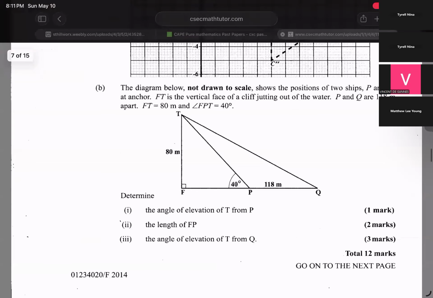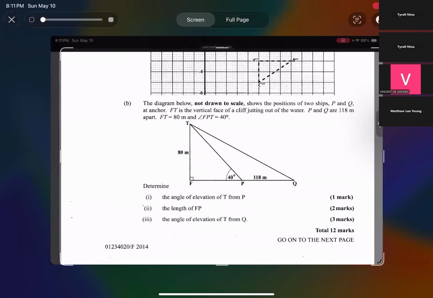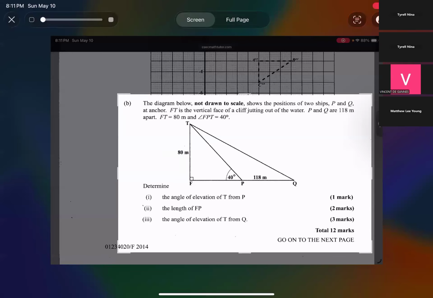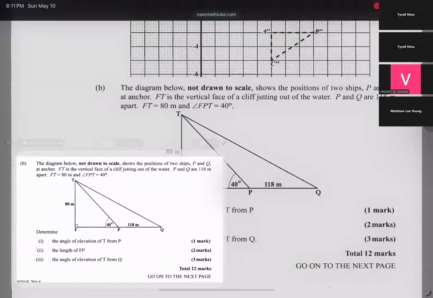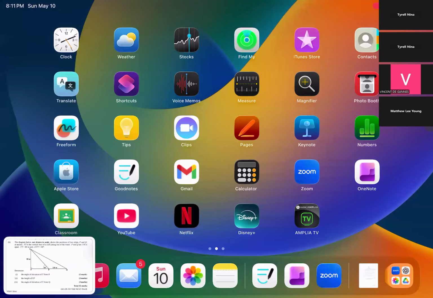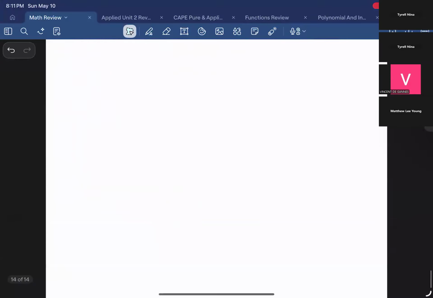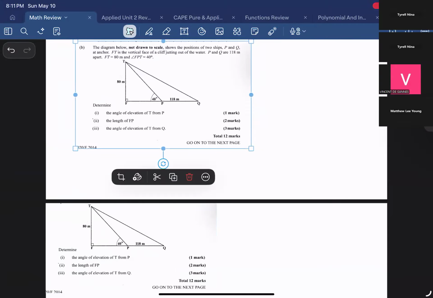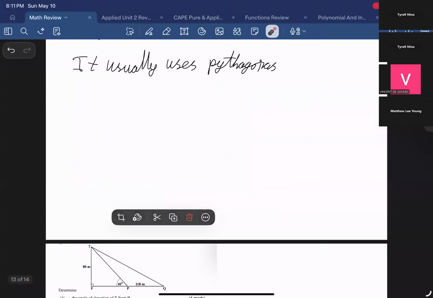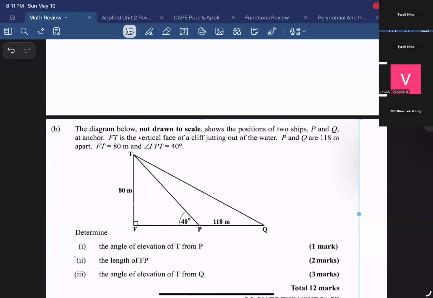Ah, look on right here. Let's look at this one now.